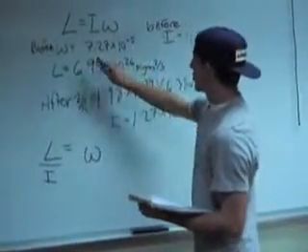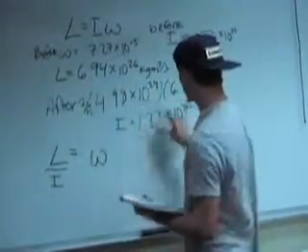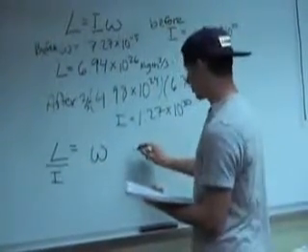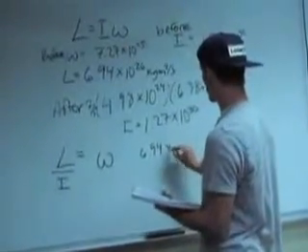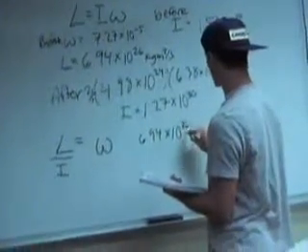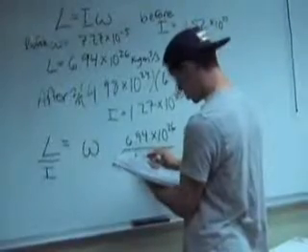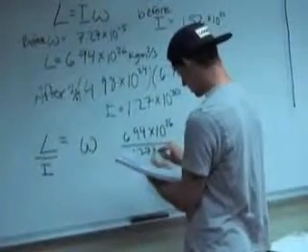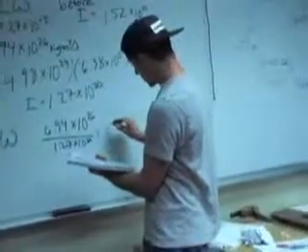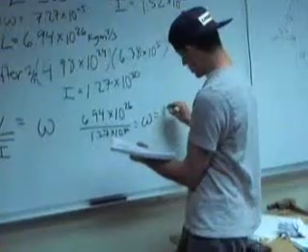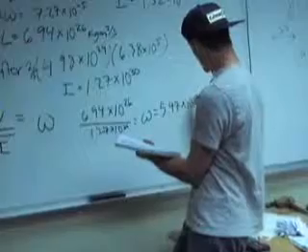So before, we were at 7.27 times 10 to the negative 5th. If we plug these numbers in, which would be, once again, 6.94 times 10 to the 26th divided by 1.27 times 10 to the 30th, the answer is omega equals 5.47 times 10 to the negative 4th.